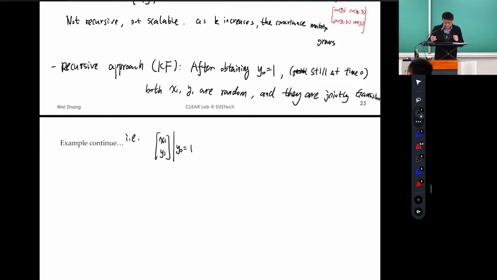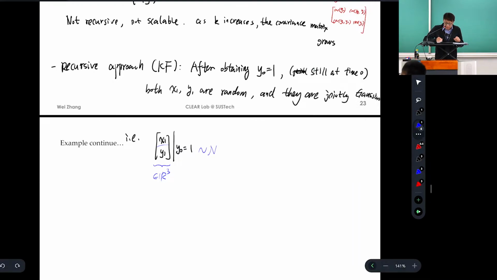We have observed y0 equal to 1, but x1 and y1 are still random, and their distribution is Gaussian. What's the dimension of this random variable? In this example, it's 3: the state is 2 and y1 is 1. The state and y1 are jointly Gaussian, but that jointly Gaussian is different from before. It's after I see y0, and they are still jointly Gaussian.